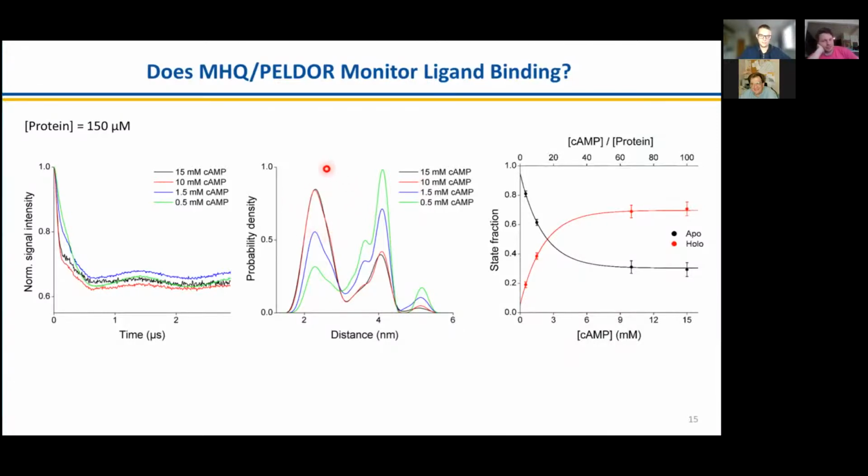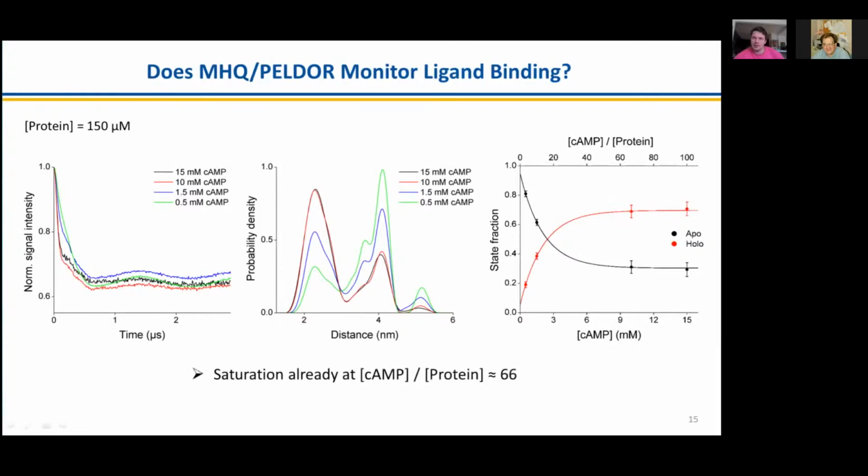So exceeding a concentration of 10 millimolar doesn't lead to any change in the population of apo and holo anymore. And this is what we also see here from this plot. So when we are at a ratio of CMP to protein of about 66, we're in saturation, so no more change in the population of apo and holo. So we can conclude saturation was already achieved at a ratio of CMP to protein of 66.